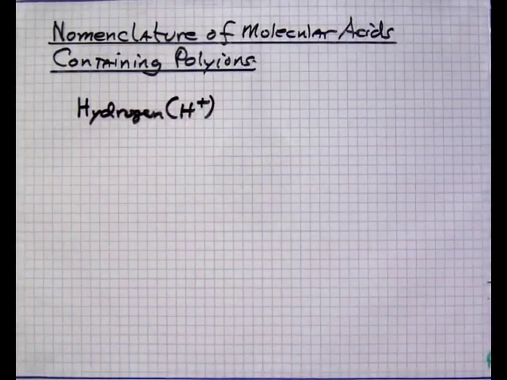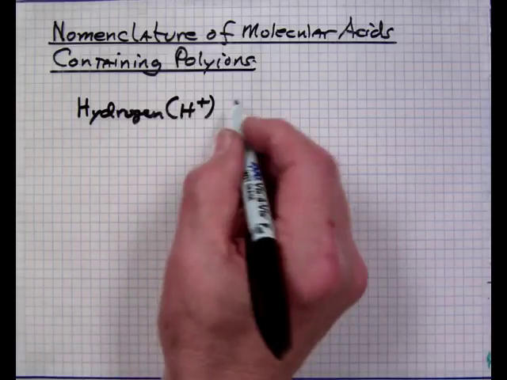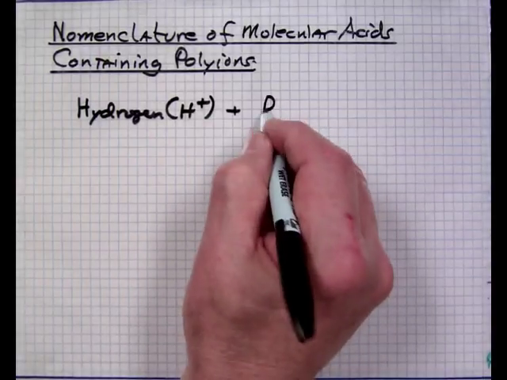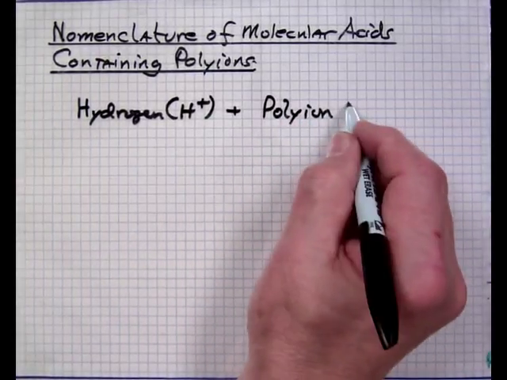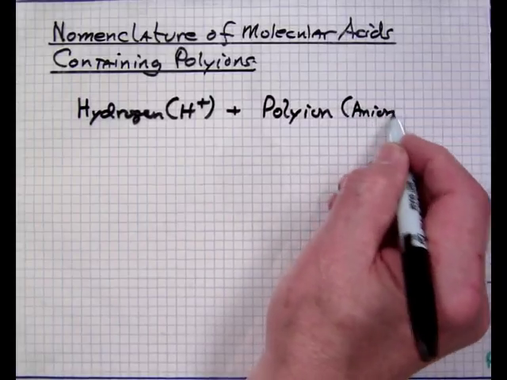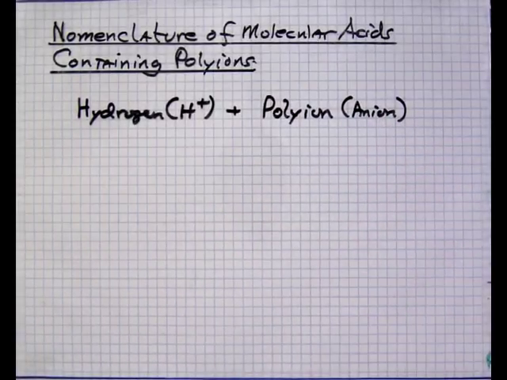All hydrogens, for whatever reason in this work, and until I tell you different, there's a hydride, which is a hydrogen minus one. But until we get there, everything is +1 for hydrogen. Okay? And then you will add to that the polyion, and of course, that would be the anion of the nomenclature.